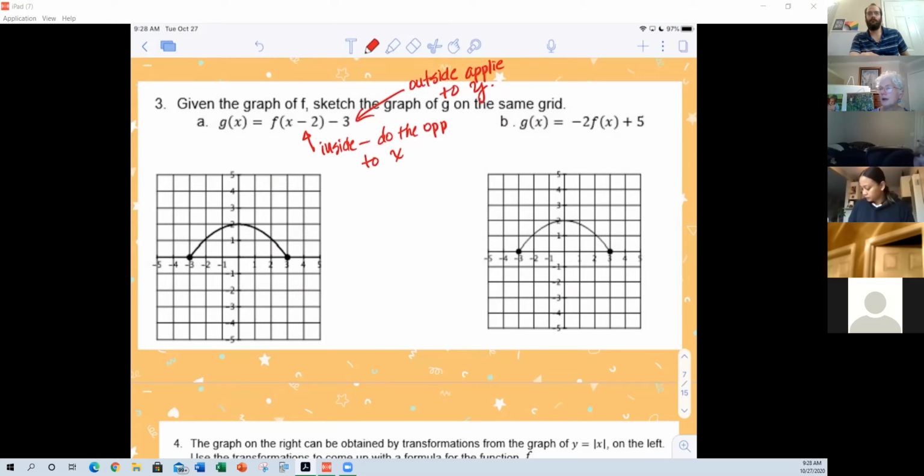Okay, so the ones I'm giving you on the test are pretty simple. At least one of them, you can just do it totally by shifting points if you want to. Like 3A is very simple to do just by going, okay, this tells me I need to go to the right 2 and then down 3.